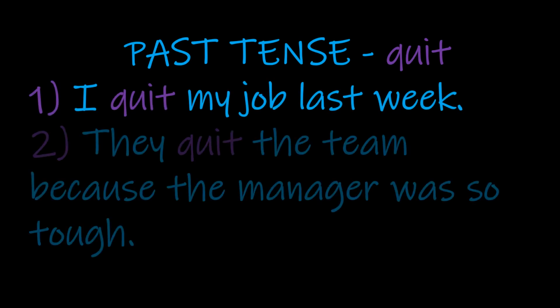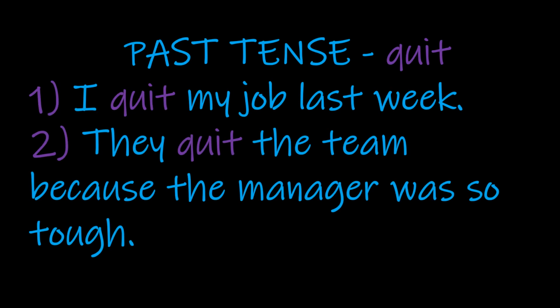So first off then, we've got number 1, I quit my job last week. And number 2, they quit the team because the manager was so tough. So these are both past simple examples where the thing that happened, the quitting, happened at some point in the past.